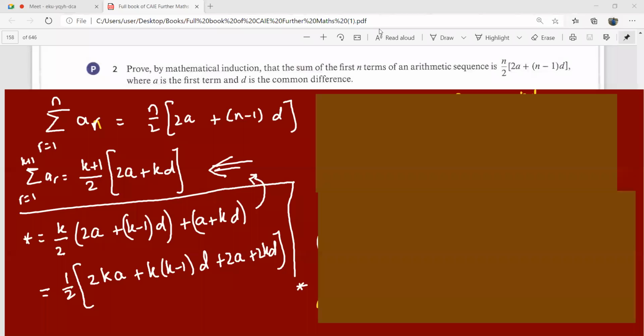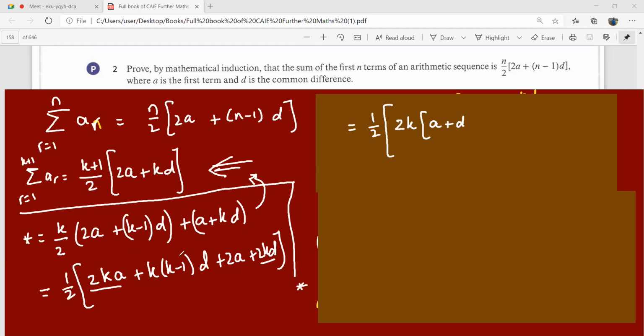Now if you look at this 2ka and this 2kd, I can take 2k common from here, so I have a plus d with this.